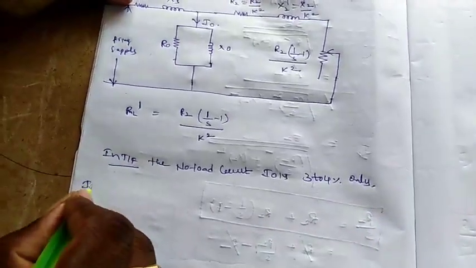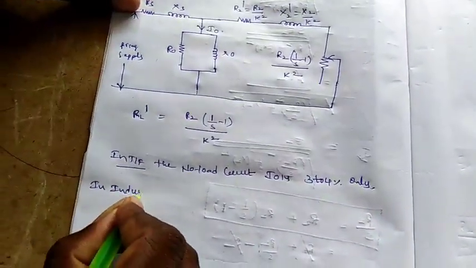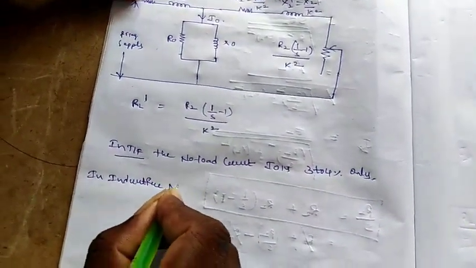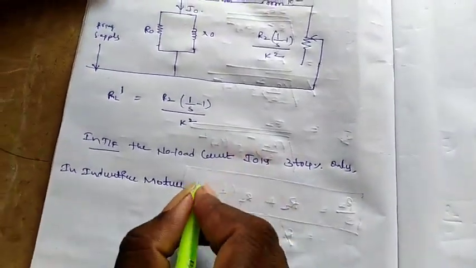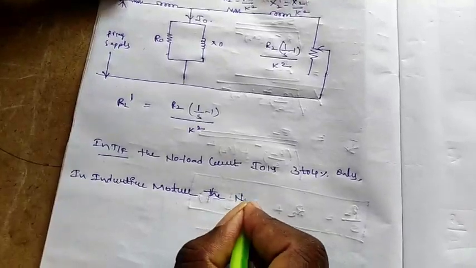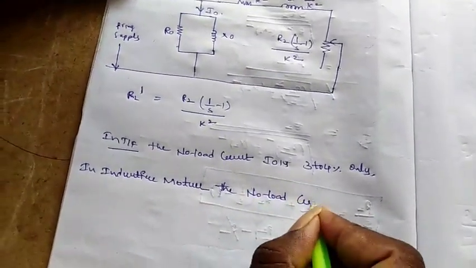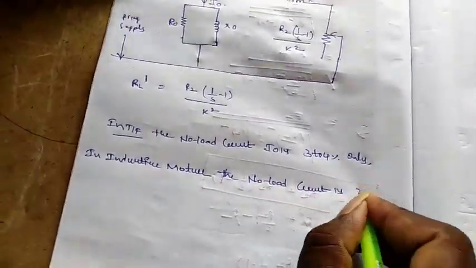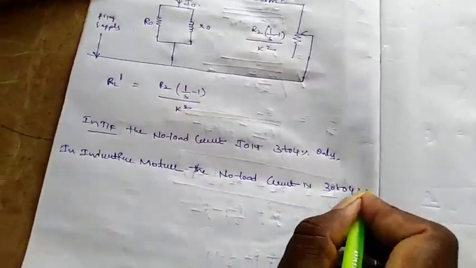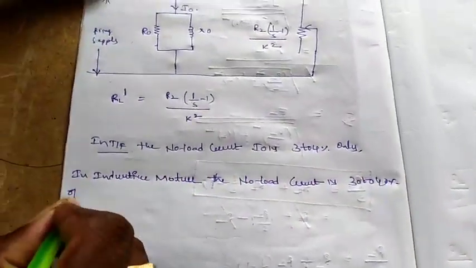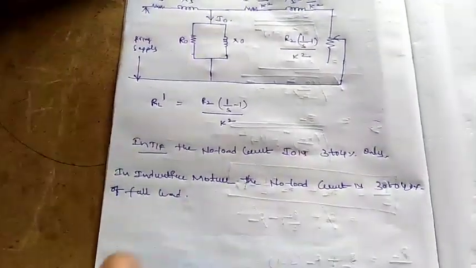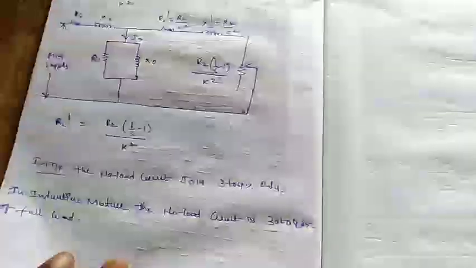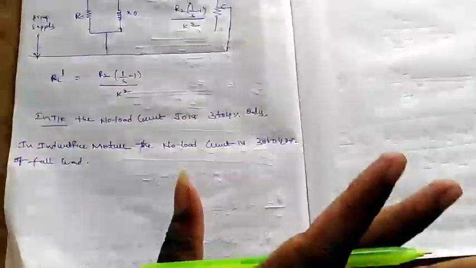But in an induction motor, the no load current is 30 to 40% of full load current.